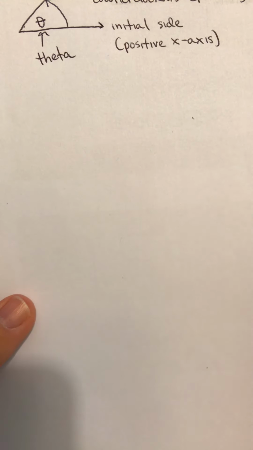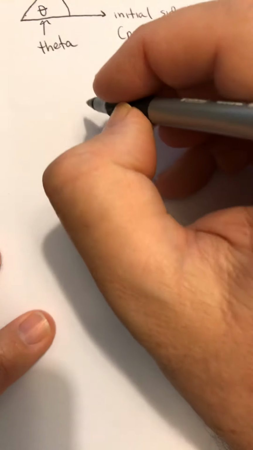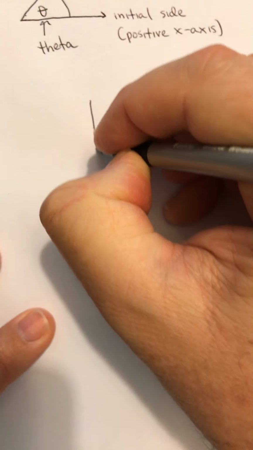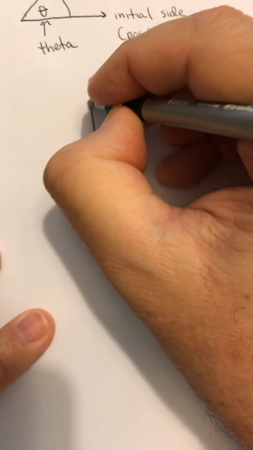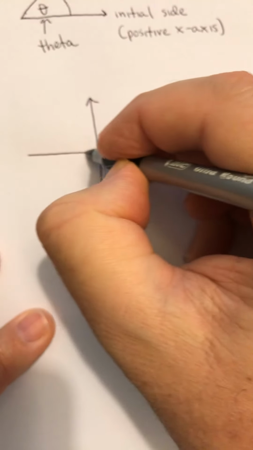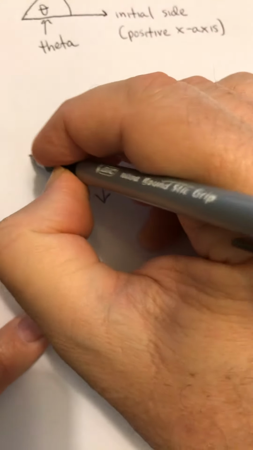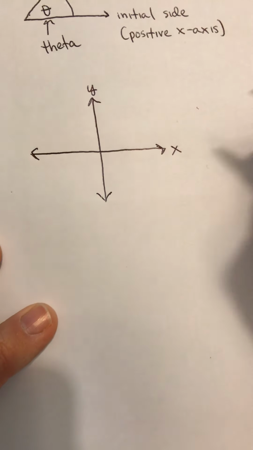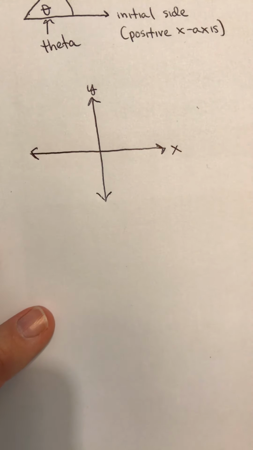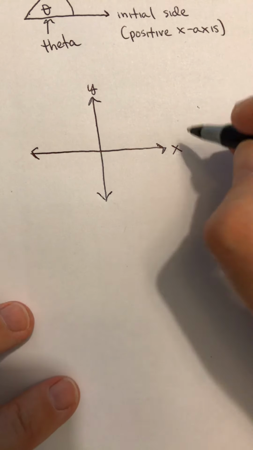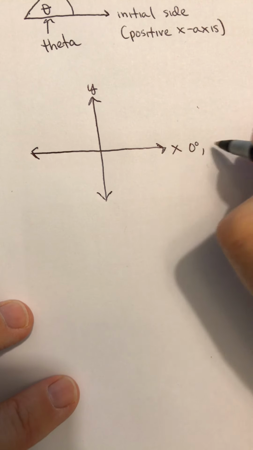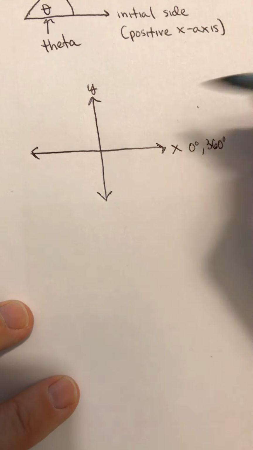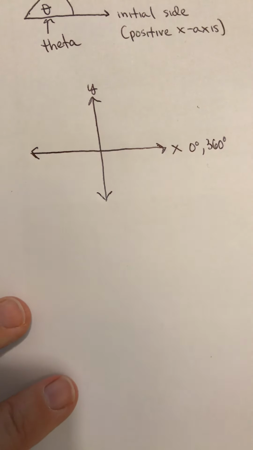And now we can put this in the coordinate plane and come up with some more important information that we're going to use throughout the rest of the trig lesson. Okay, so our vertical axis is always my y-axis. Horizontal is my x. But as far as special angles, this one right here is 0 degrees or 360 degrees, because if I go all the way around in the counterclockwise direction, that's 360 degrees.